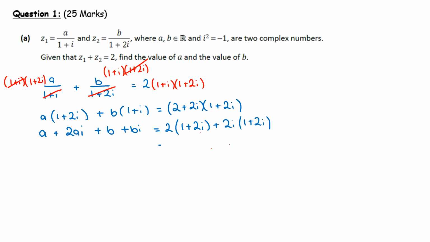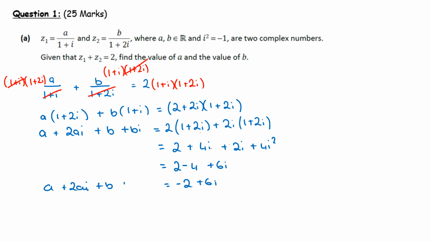Working down a little bit, we get 2 plus 4i plus 2i plus 4i squared, and that gives us 2 minus 4, subbing in for the i squared, plus 6i, which is minus 2 plus 6i. And that gives us exactly the same as what we had, 2Ai plus B plus Bi on the left.